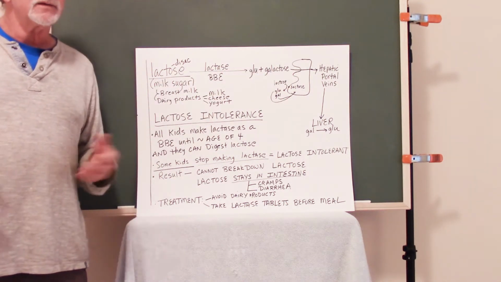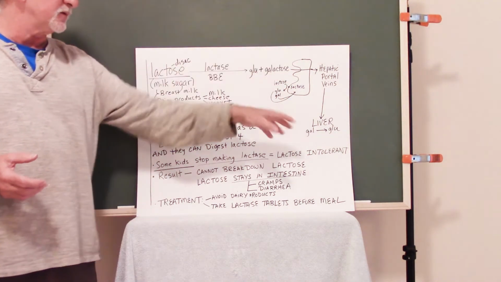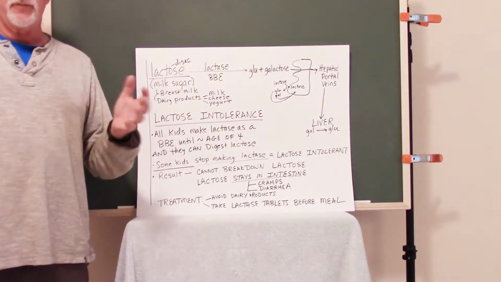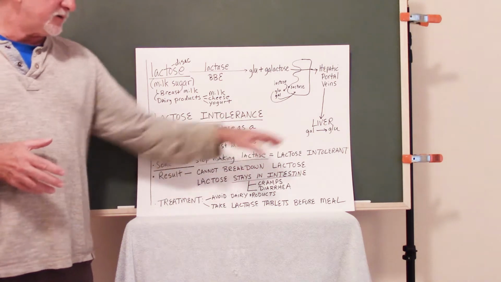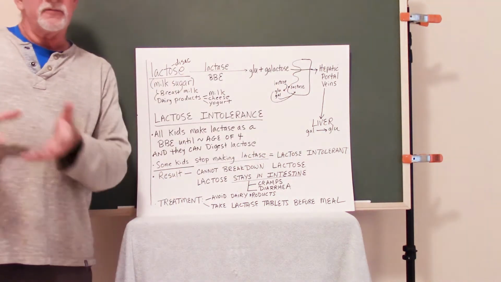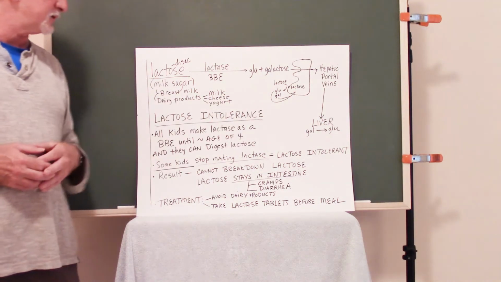These are monosaccharides and absorbable units, and they pass through the epithelial cells into the blood, and from there into the general circulation. As galactose is taken through the liver, it's picked up by hepatocytes and converted to glucose.